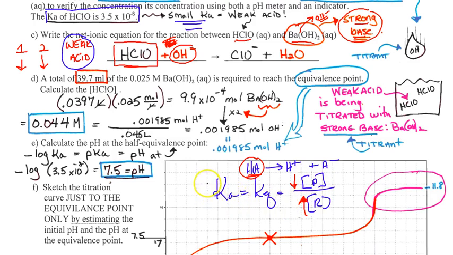Therefore this is going to be a very small number, with a small numerator and a big denominator. That describes this weak acid, so that is something you should have been able to figure out.